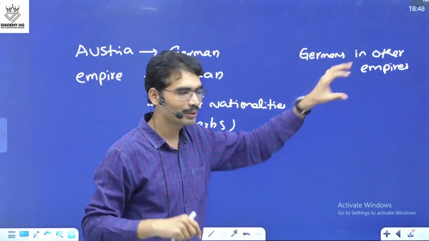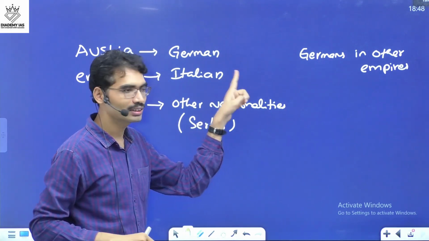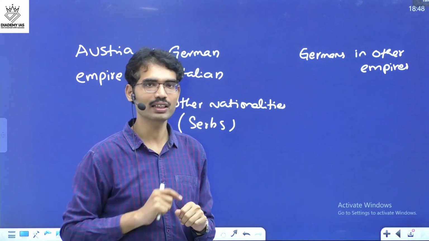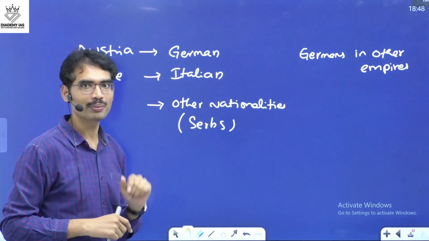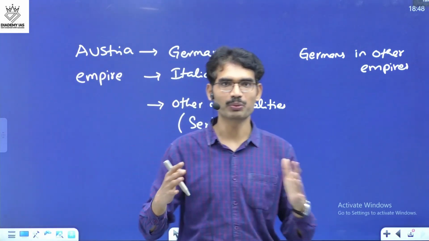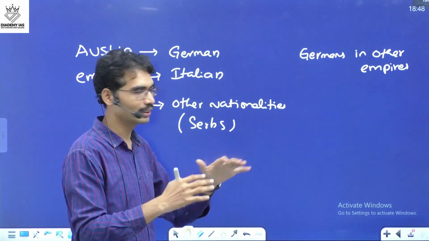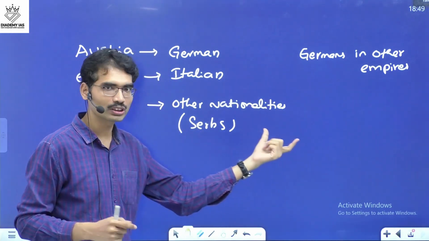So Germans were scattered in different kingdoms. Italians were also scattered in different kingdoms. Some were directly under Italian rulers, Italian kings. Some were under the Austrian Empire. So likewise they were distributed. Now these Italians wanted to come together. Germans wanted to come together. These Serbs wanted to come together.